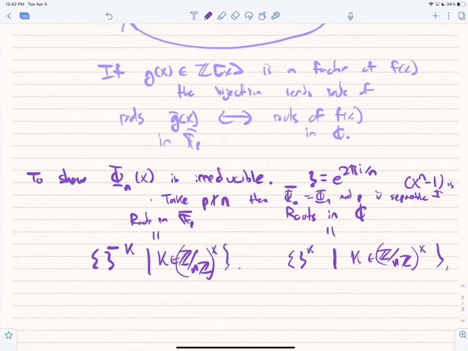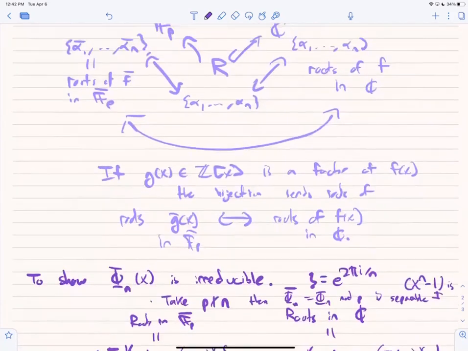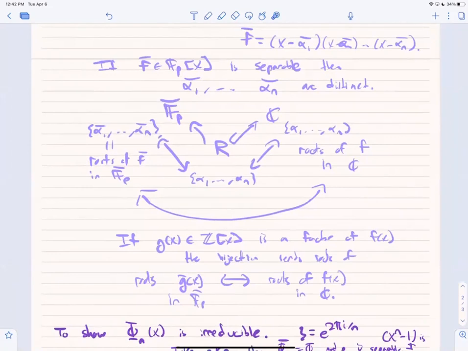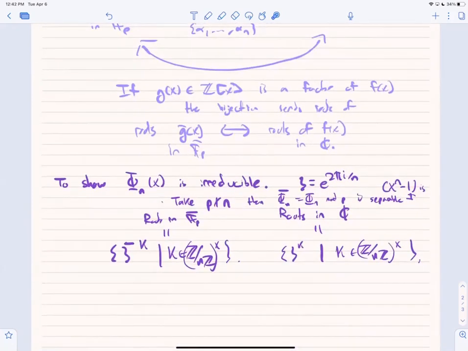Really, what I wrote above would be zeta to the k, bar. So I'd put the bar after raising to the kth power. But this map comes from a ring isomorphism, from maps of rings. So if one of these roots happens to be a kth power of another root, then that's compatible with this reduction map. And this explains the subtle point that zeta bar to the k is equal to zeta to the k bar.